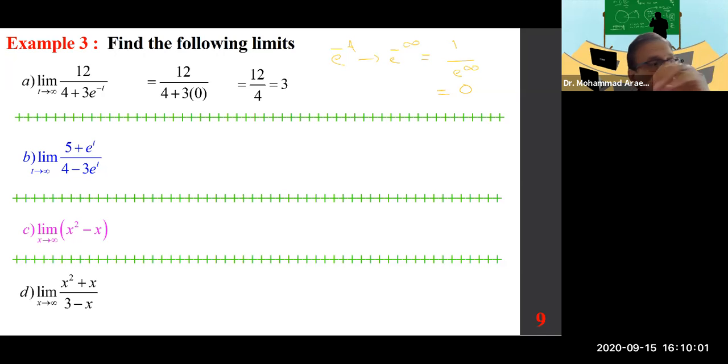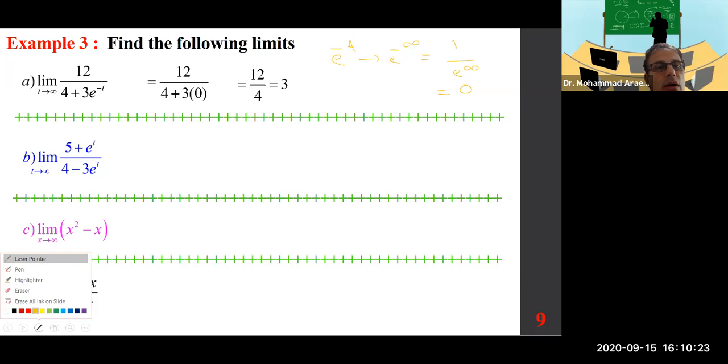This is not a rational expression. But what technique did we use with rational expressions? It's very simple. We said we divide by highest degree term in the denominator. In this case, we divide by highest value in the denominator, which is e to the power of t. So we are going to divide the top and the bottom by e to the power of t. This is the largest value.